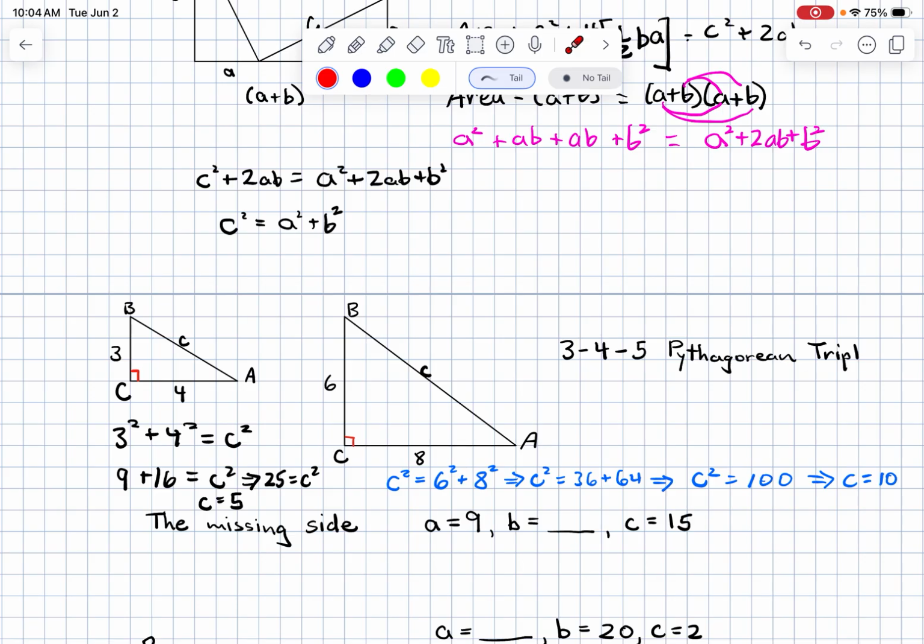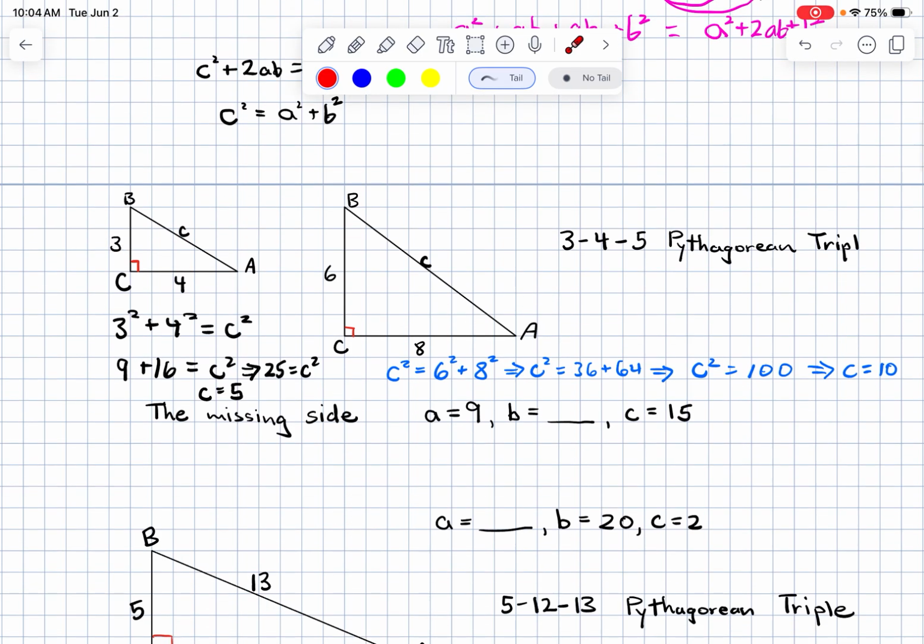And that's indeed what I did. We call this a 3, 4, 5 right triangle. See, when one side is 3, another side is 4, and the hypotenuse is 5. That's a 3, 4, 5 right triangle. So if you've got something like this, now you look at this problem down here, you've got a equals 9 and c equals 15.